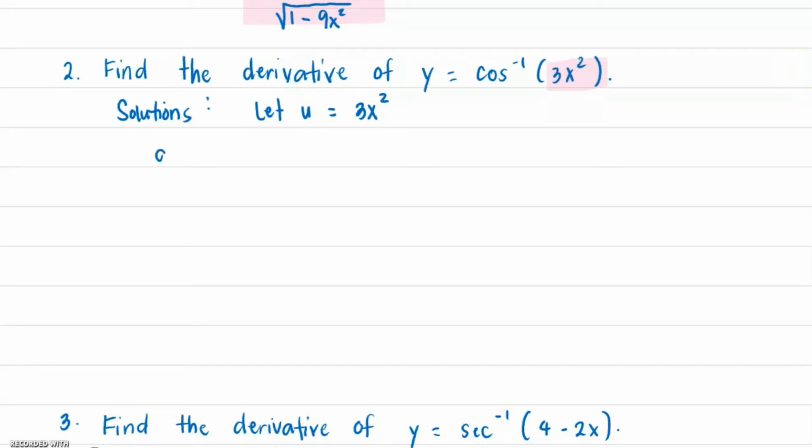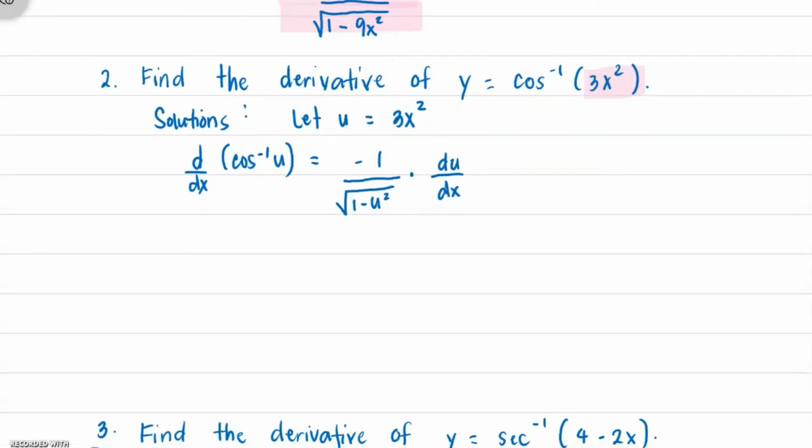Okay, so the derivative of arc cosine u is equal to negative 1 over the square root of 1 minus u squared times the derivative of u with respect to x.